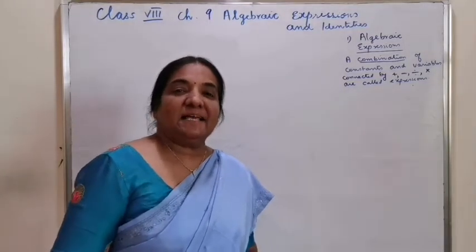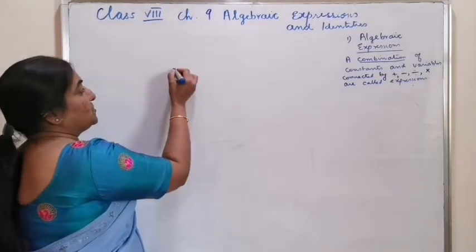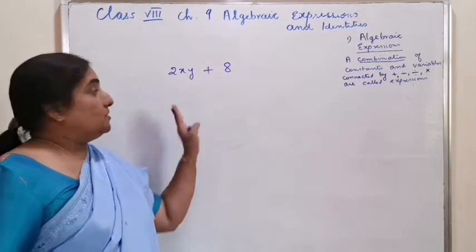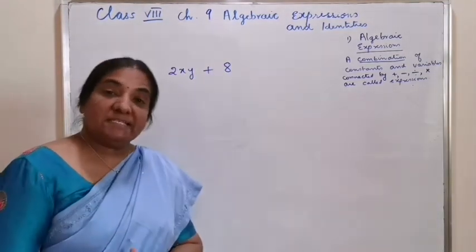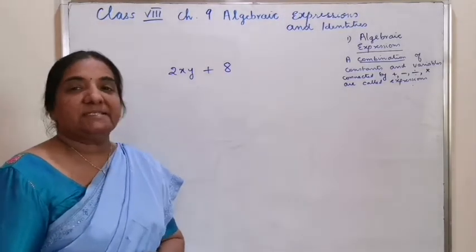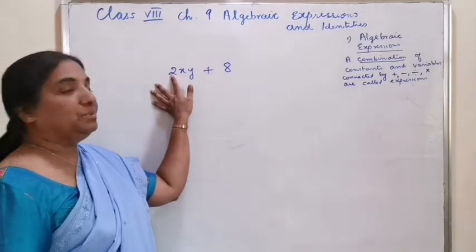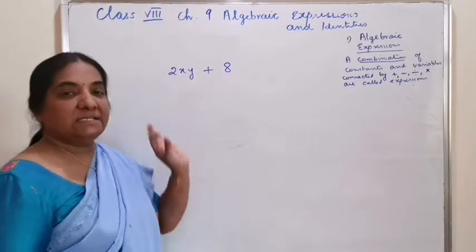Consider an example of 2xy plus 8. 2xy plus 8 is an expression. It is an algebraic expression because it contains number 2, the variables x and y.